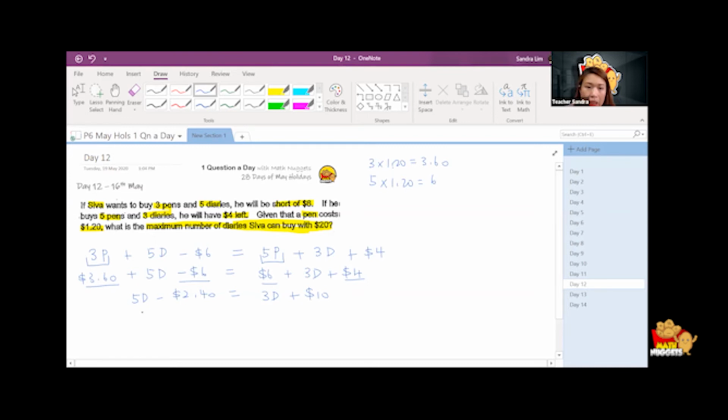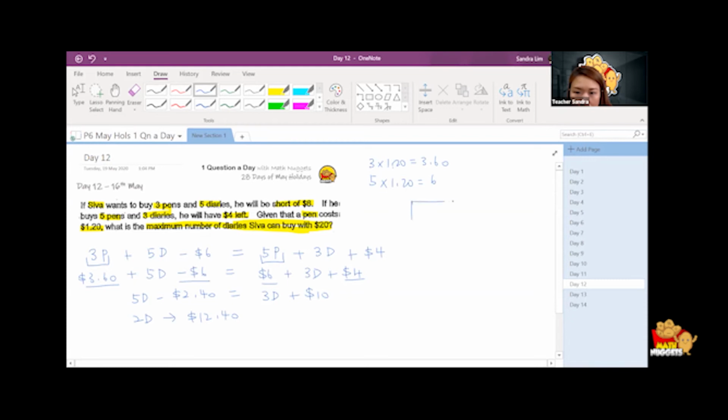Okay. For those of you who know how to do the shifting, if you shift things around, this is 2 diaries equals to $12.40. Okay, so for those of you who are not familiar with the shifting, let me try to explain this in the model way.